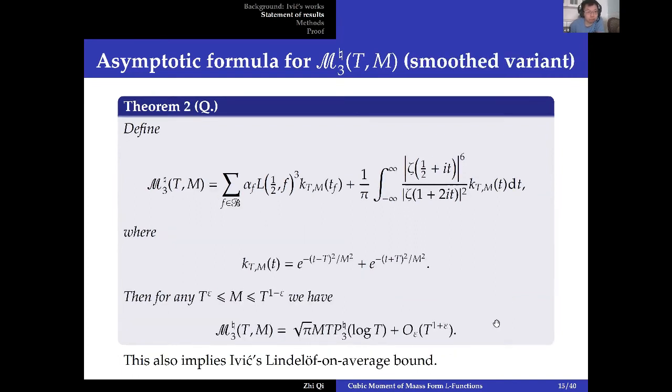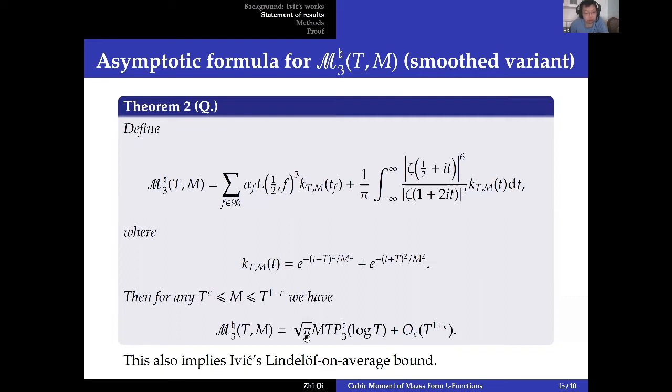And a second theorem is that if you insert this weight, this weight is a bump function essentially centered at T with window length M. Again you can take this M as small as T to the epsilon.